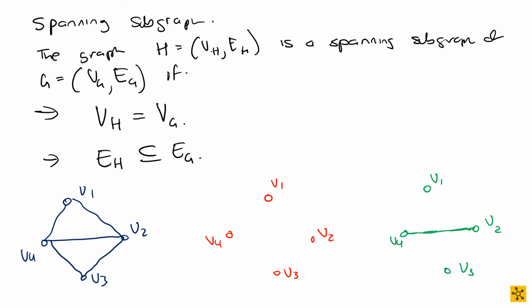That's also a spanning subgraph. It fits the definition, has all the same vertices as the original graph, and the edges are a subset of the original graph. Okay, so let's just go on the original graph and say it always has to have V1, V2, V3, and V4. If it doesn't have one of them, it is not spanning. But the edges, it just has to be a subset.